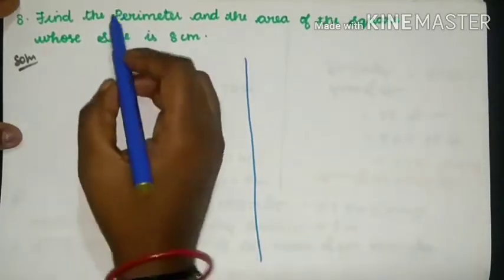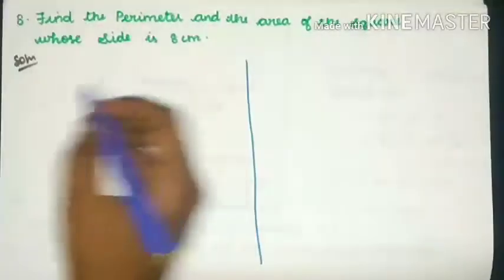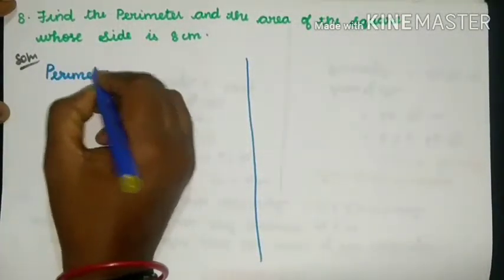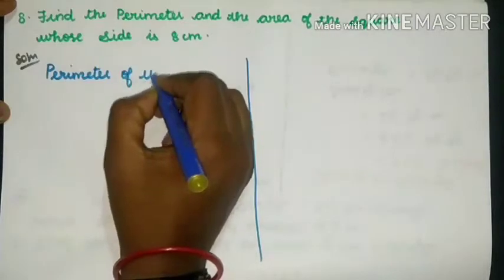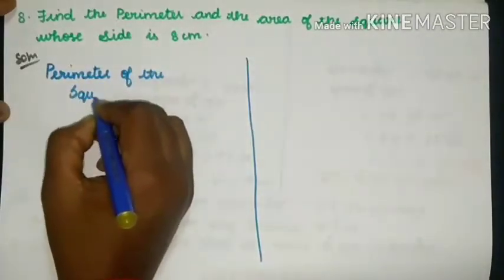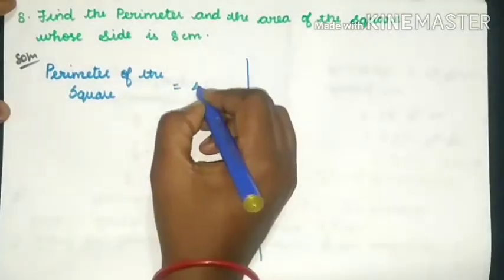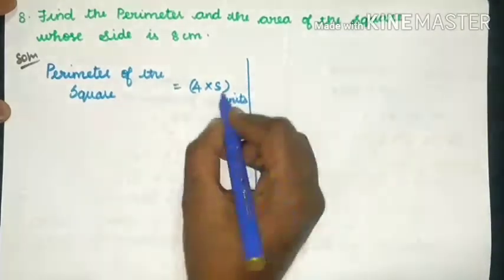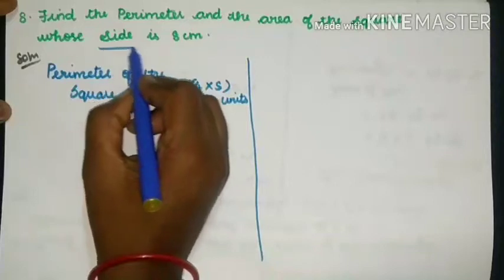For that, first we have to find the perimeter of the square. As we already know, perimeter of the square is equal to 4 into S units. Here S represents what? Side of the square.